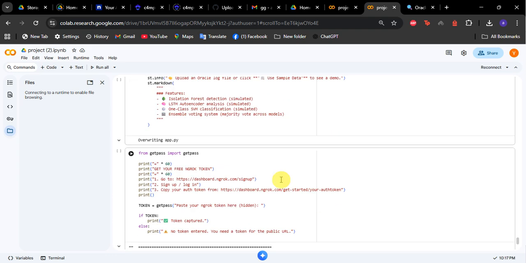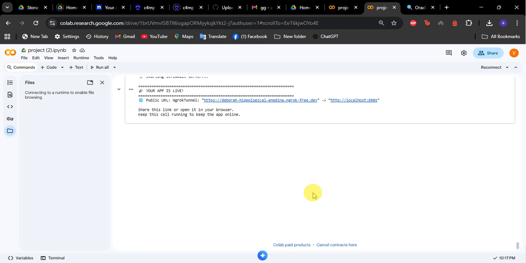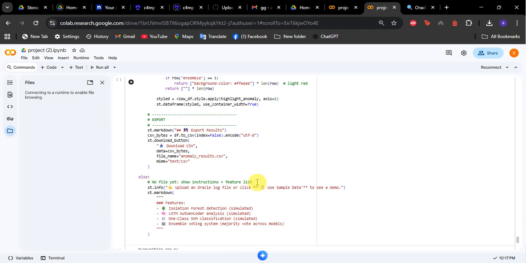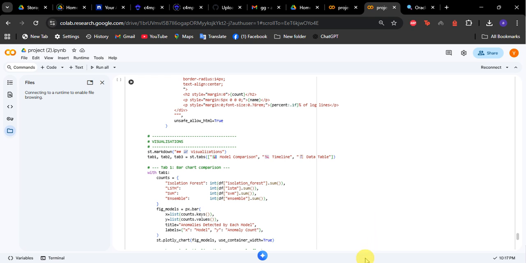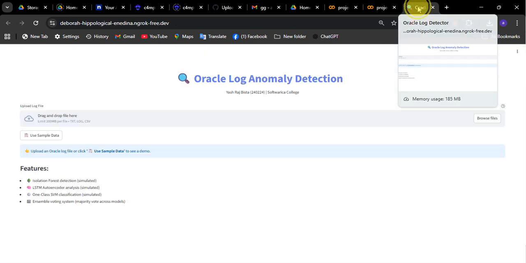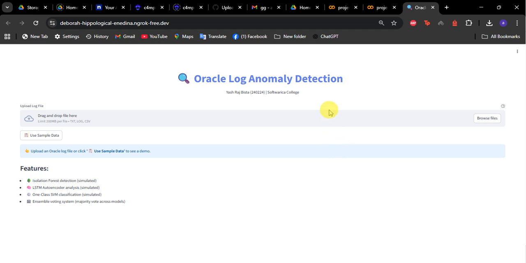Finally, I generated outputs such as a feature importance chart, and we have created a Streamlit application to see our log file anomaly detection. We can either upload our log file, or if that is not the case, there is already provided sample data.